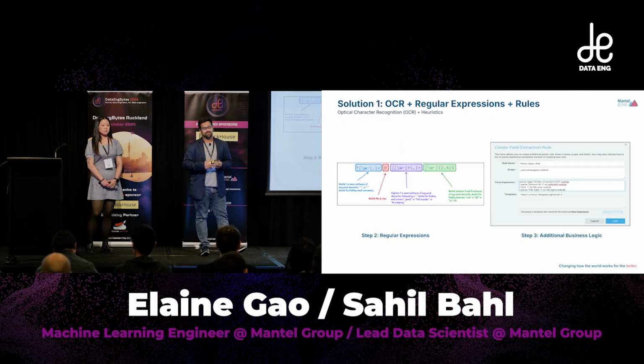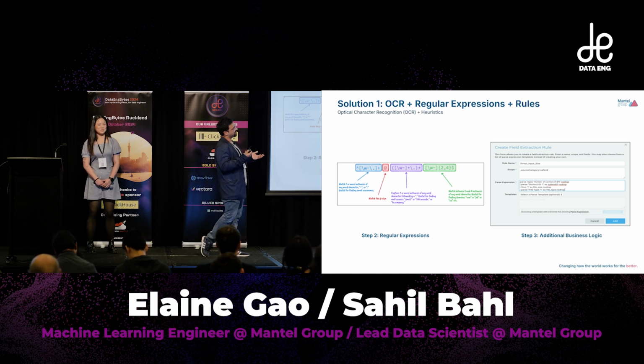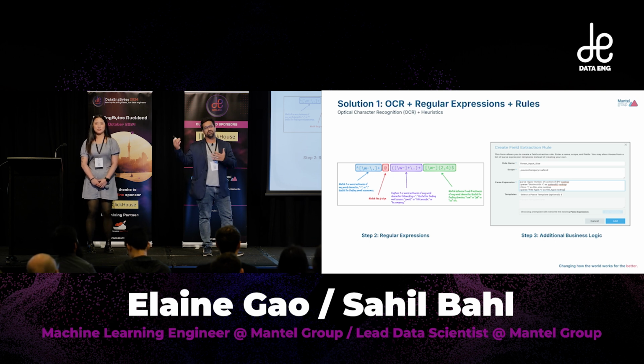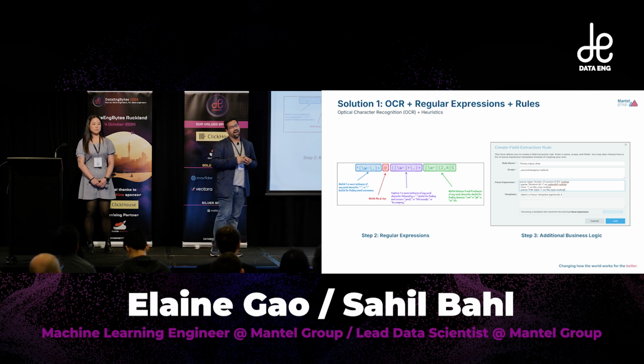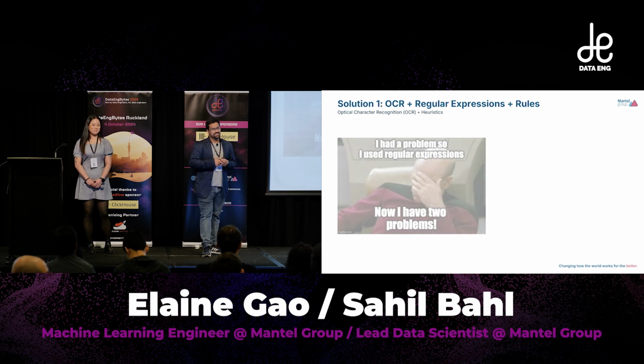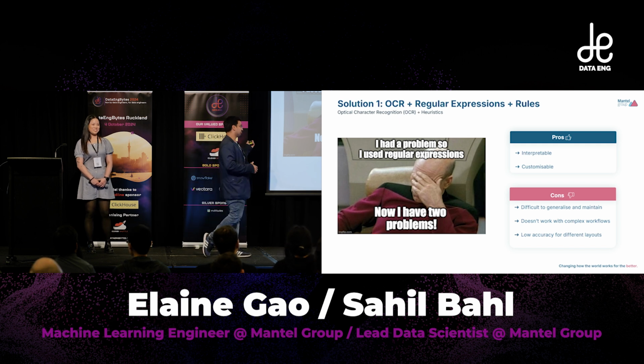So I'm sure each one of us has used regular expressions in the past. So you could apply some regular expressions, try and extract some key information, and then add some business logic around that extracted field. Now, most of us who have used regular expressions know that once you start using regular expressions, you will not just have one problem, but two problems.